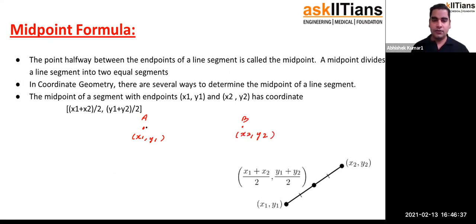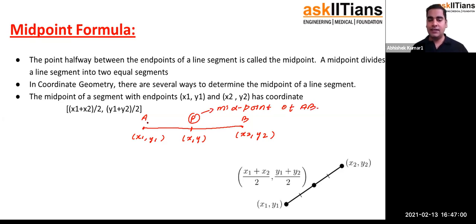Let us join AB, and let's say there is a point P lying on AB with coordinates x comma y, such that this point P is the midpoint of AB.